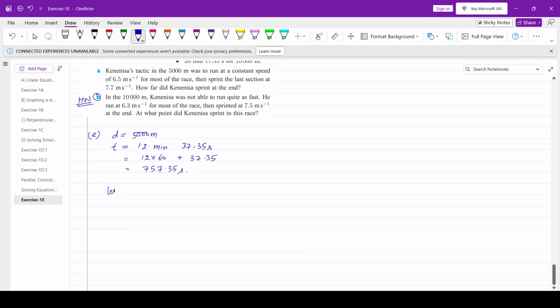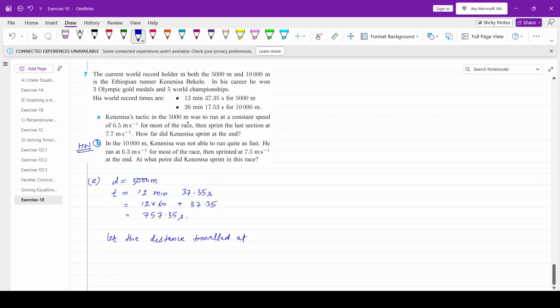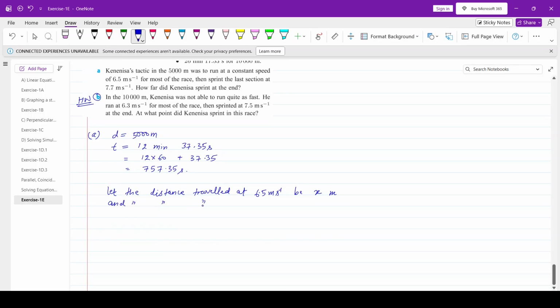Let the distance traveled at 6.5 meters per second be x meters, and the distance traveled at 7.7 meters per second be y meters.